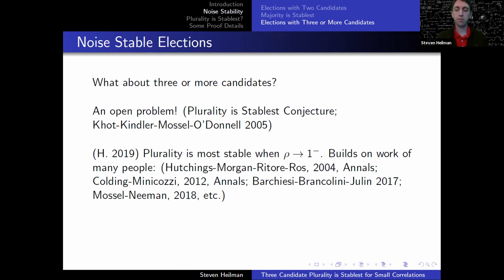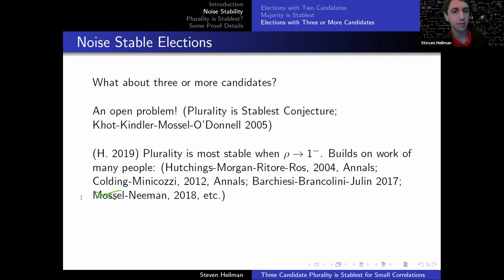So back in the Plurality Is Stablest theorem, we have this correlation parameter rho, and the proof works for any correlation. It turns out the case where this correlation is close to 1 has been studied by a lot of people, most notably Milman and Neeman, 2018.